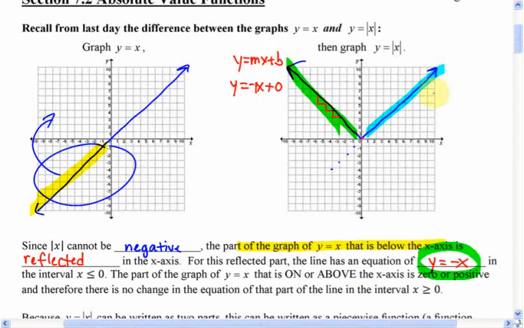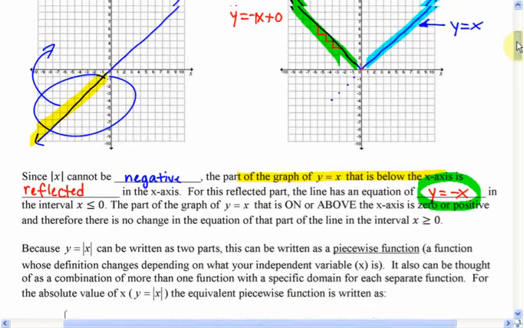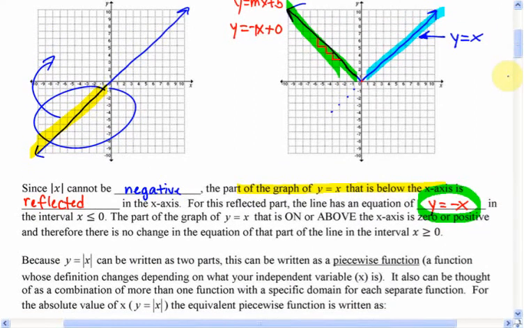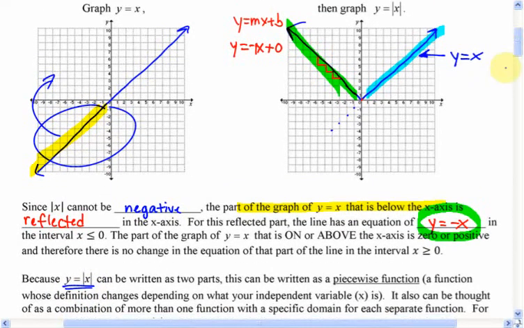So I want you to also understand that this can be written as y equals x. Okay? Why am I doing this for you? Because what I want you to understand later on, and we're going to do that right now, is that the absolute value of x can be written as two parts. Do you see the two parts that I've shown you here? Two parts, right? The one in the green and the one in the blue.